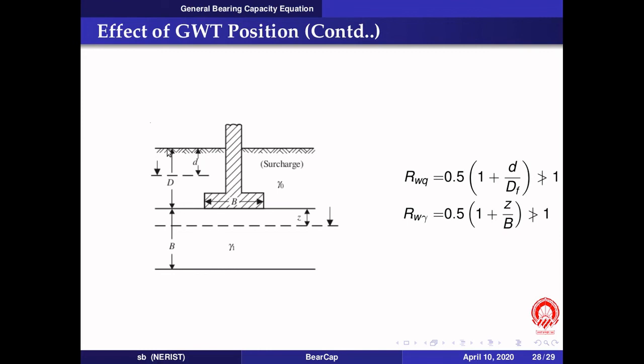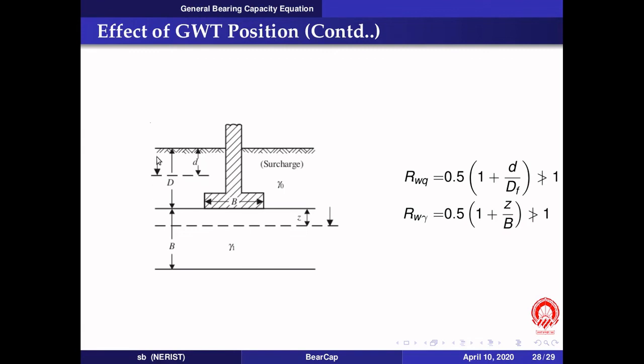That is because for usual sands of normal void ratio of around 0.4 and specific gravity of 2.65, the submerged density is nearly half of the total density, I mean the bulk density of the soil.